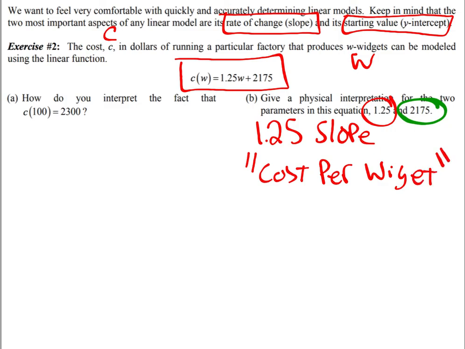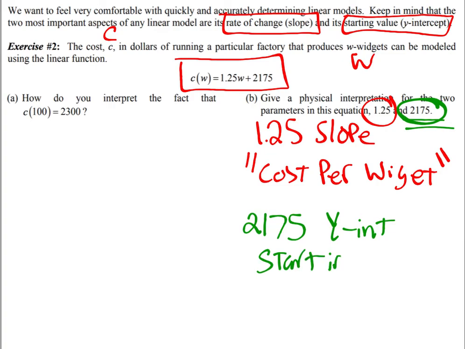That should be pretty straightforward. And then the initial value, the starting value, 275 is our y-intercept, obviously, or our starting, or maybe start-up cost.